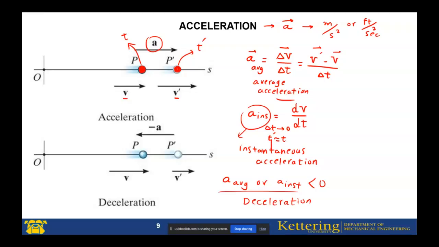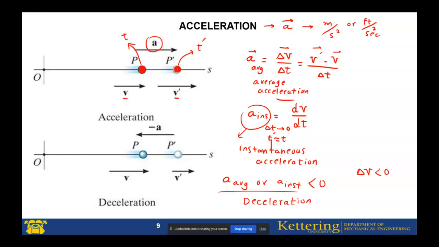When the deceleration happens, delta v is negative, or you feel a reduction of the velocity or reduction of the speed. This is called deceleration.